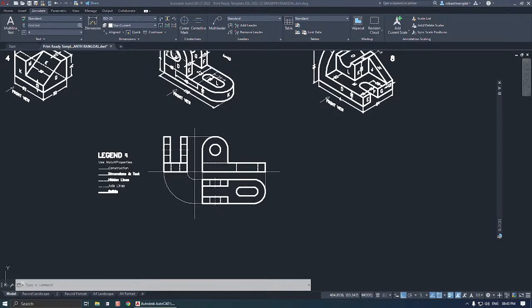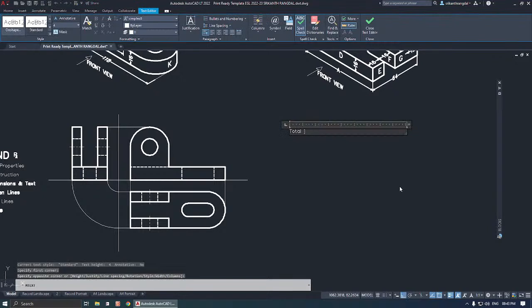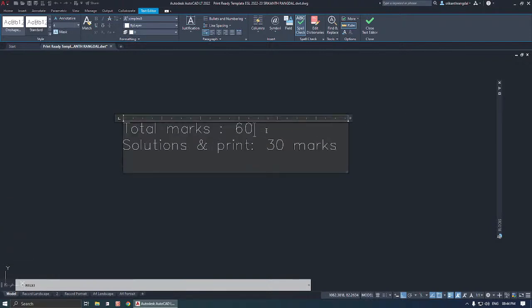Out of those 60 marks, solutions and prints will carry 30 marks. I will prepare a question paper which carries 30 marks for you.